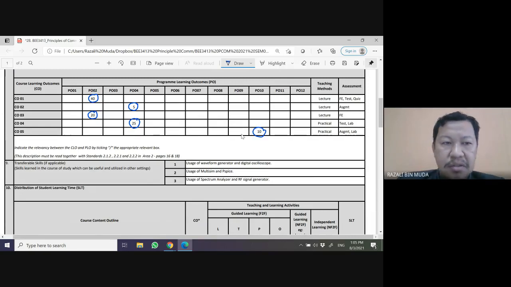So as a student, if you don't remember what PO1, 2, 3, 4, 5 up until 12 are, you can search. Okay, if you are in the faculty, there are plenty of posters regarding these program learning outcomes, the POs.